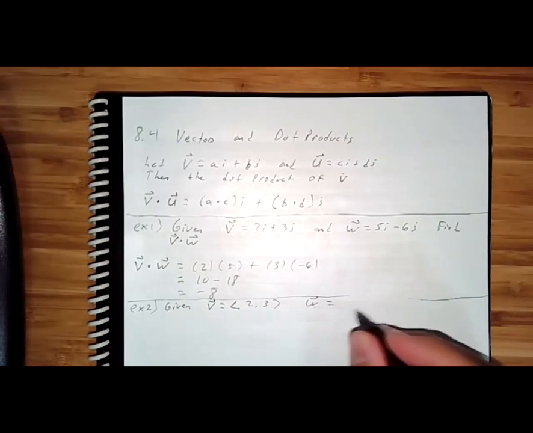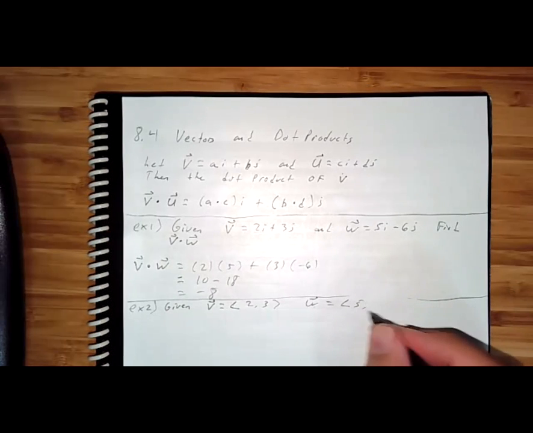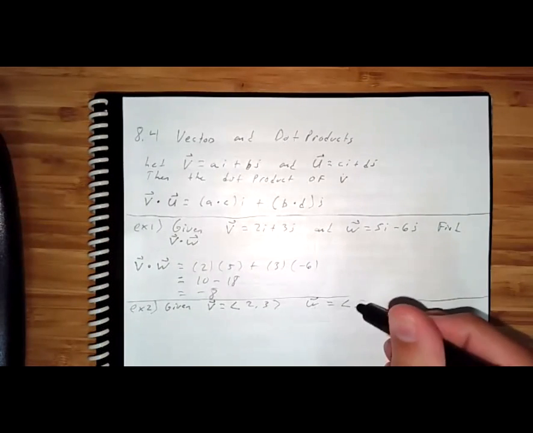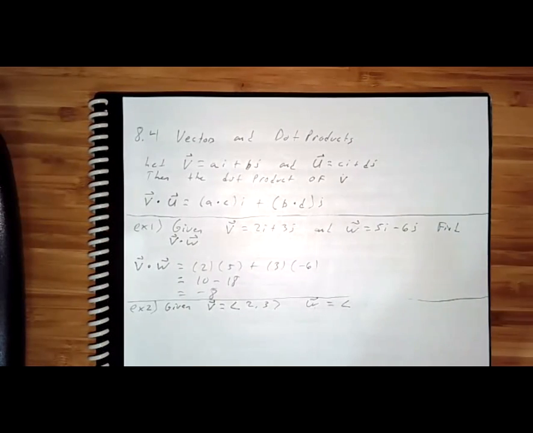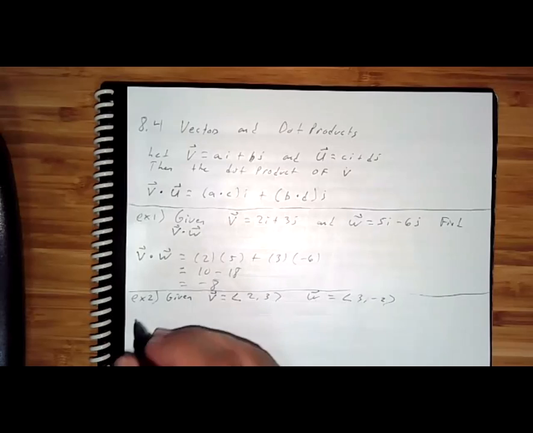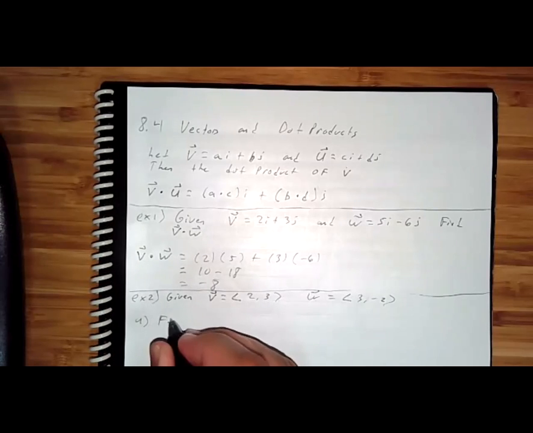W will be equal to, actually, I almost wrote the same thing. 2, 3, and 3, -2. So part A, find the dot product.